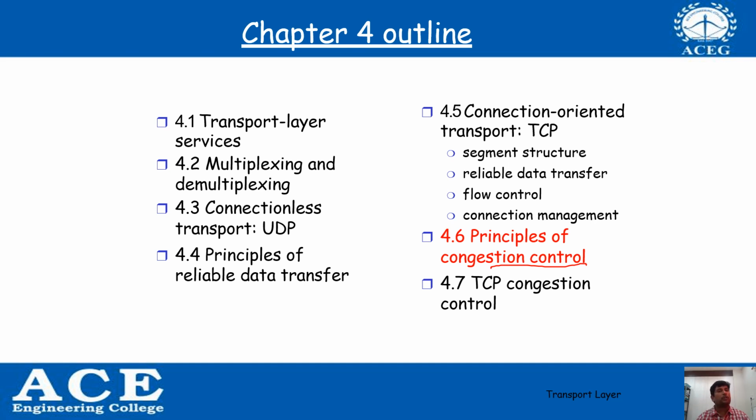The overflow or loss of data at the receiver is concerned with flow control, but loss of data or overflow concerned with the channel through which the data is transmitted is referred to as congestion control. So if the traffic through the channel or the network is very high, then it exceeds the capacity, and it results in congestion. And how we handle this congestion is dealt with by congestion control mechanisms.